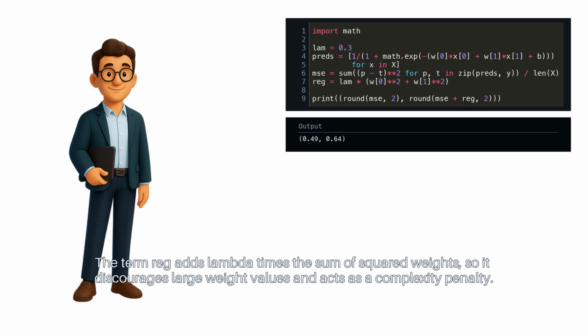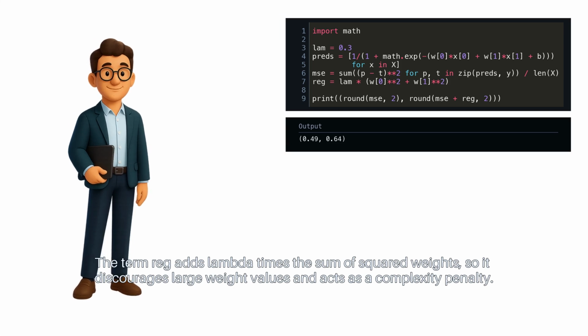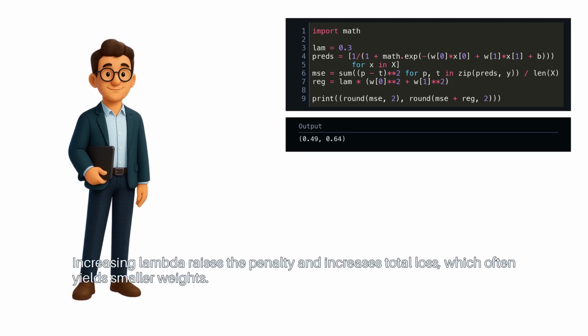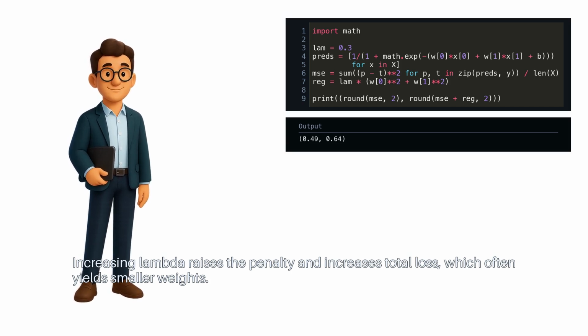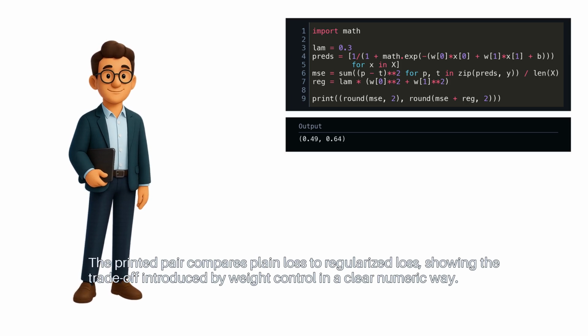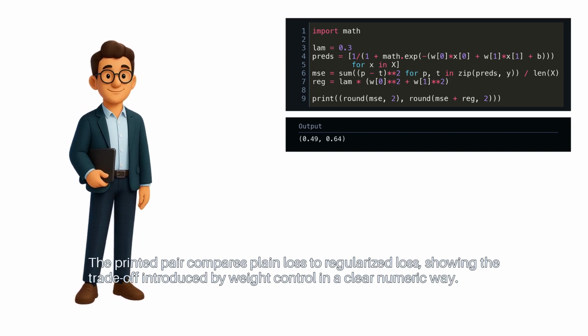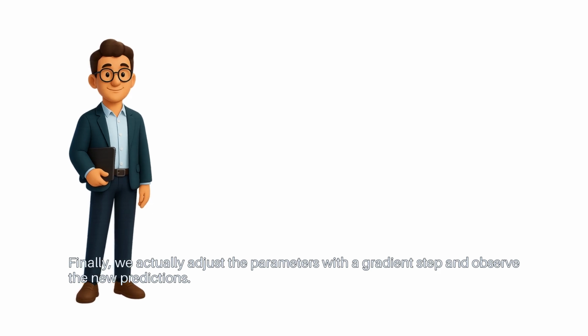The term reg adds lambda times the sum of squared weights, so it discourages large weight values and acts as a complexity penalty. Increasing lambda raises the penalty and increases total loss, which often yields smaller weights. The printed pair compares plain loss to regularized loss, showing the trade-off introduced by weight control in a clear numeric way. Finally, we actually adjust the parameters with a gradient step and observe the new predictions.